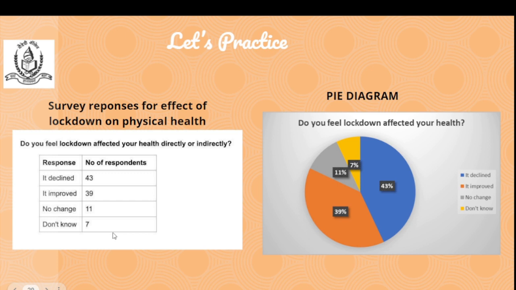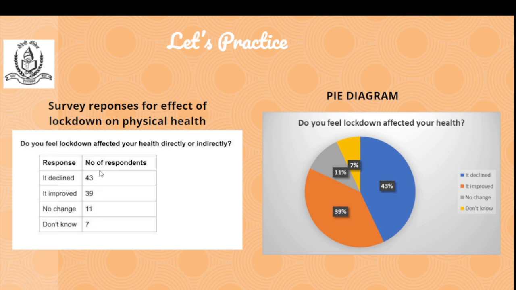Now if you want to use this particular data in a pie diagram, what you will have to do first, as I said, is convert these values into percentages, then use those percentages to determine the degrees. One thing is clear here: if you add up all these, it will come to 100.